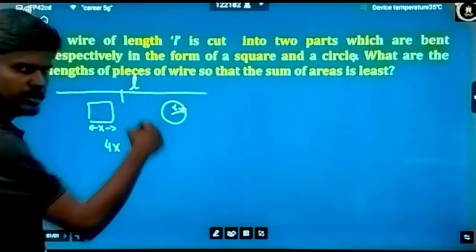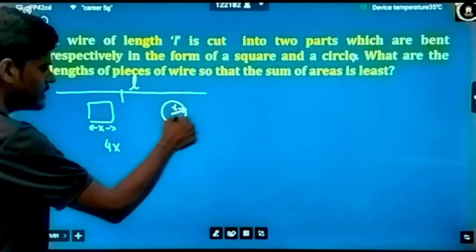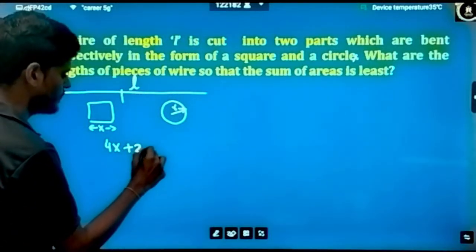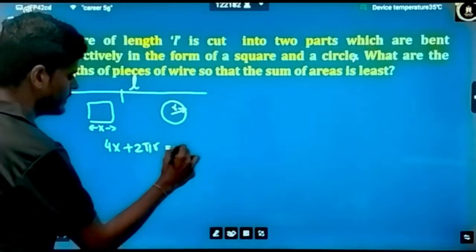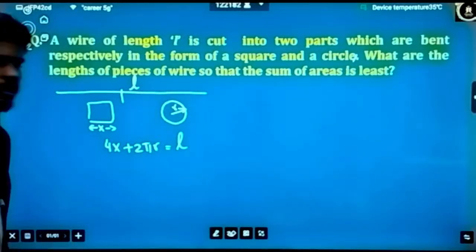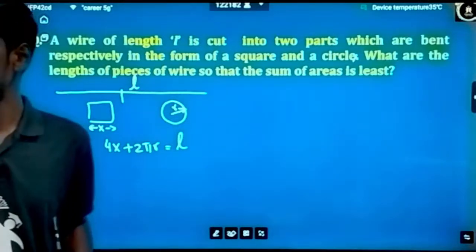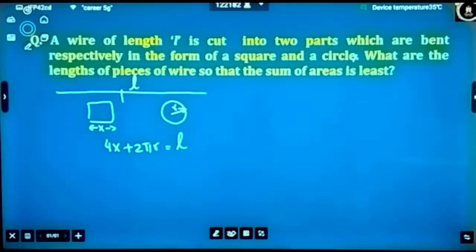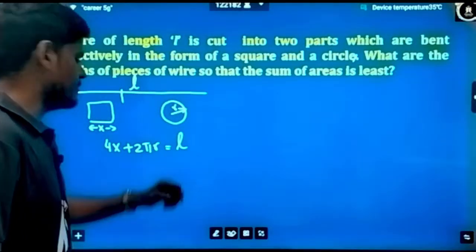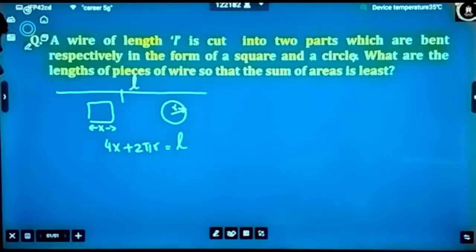Then what is the perimeter of circle? Perimeter is nothing but circumference, that is 2 pi r. So 4x plus 2 pi r is equal to the total length of the wire, that is L. This is the given condition.